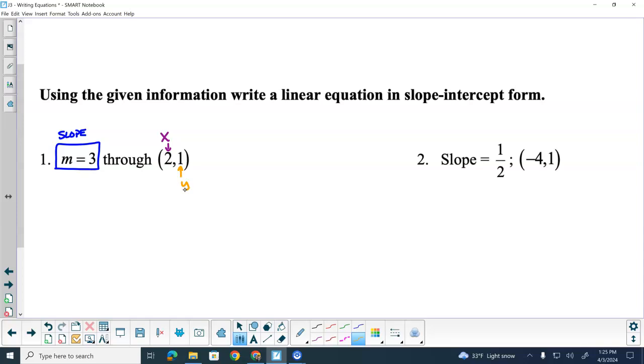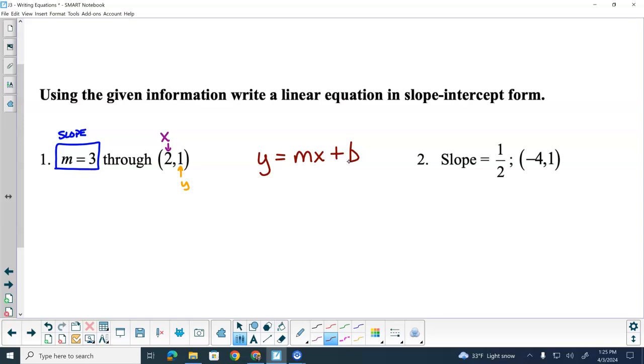So what you're going to do is you want to get your equation in y equals mx plus b form, but you're going to use y equals mx plus b form to find the b. Because if you look here, I've got an m, I've got an x, and I've got a y.